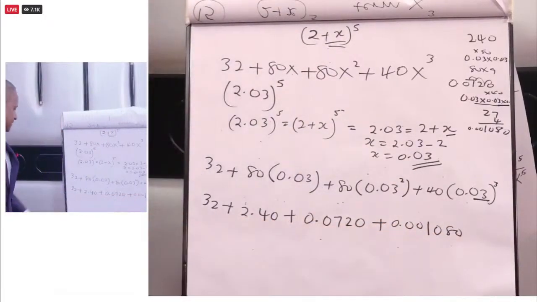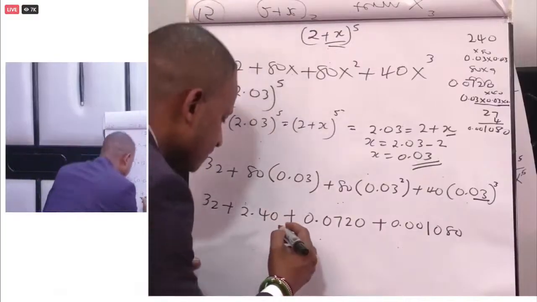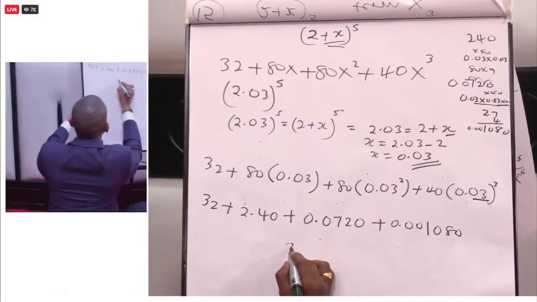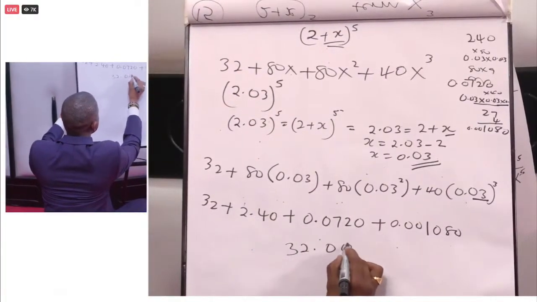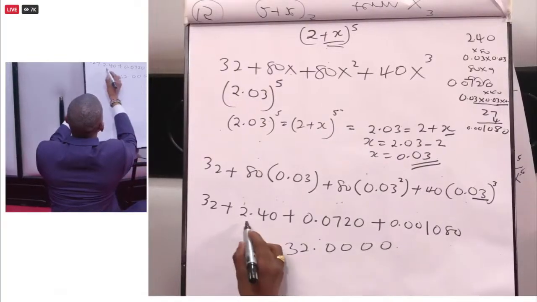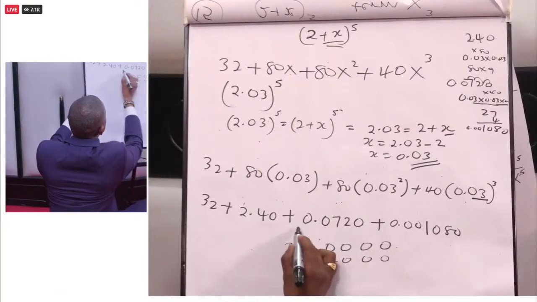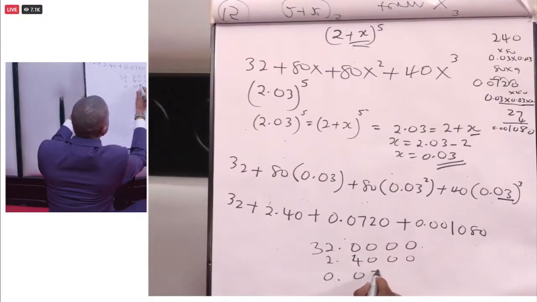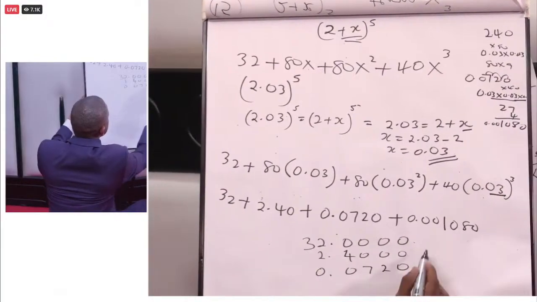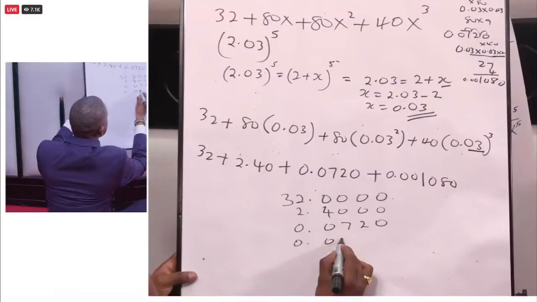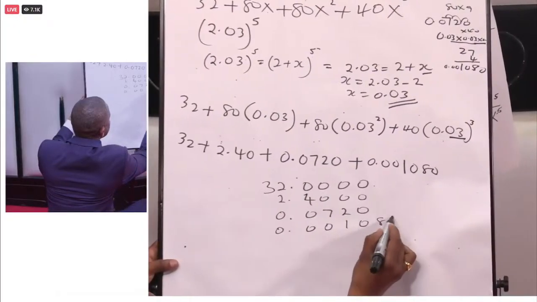Then we add this. So when we add this, I want us to be neat. 32.0000. You add 2.40. You add 0.0720. You add 0.001080.